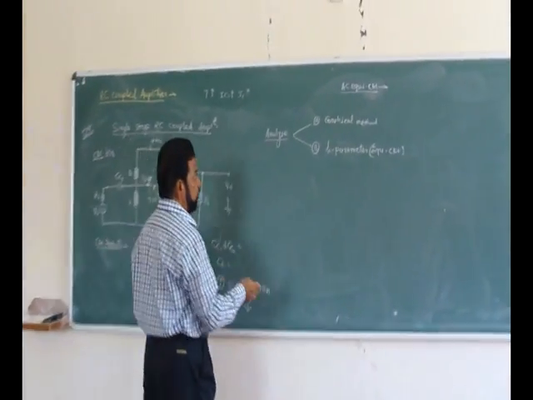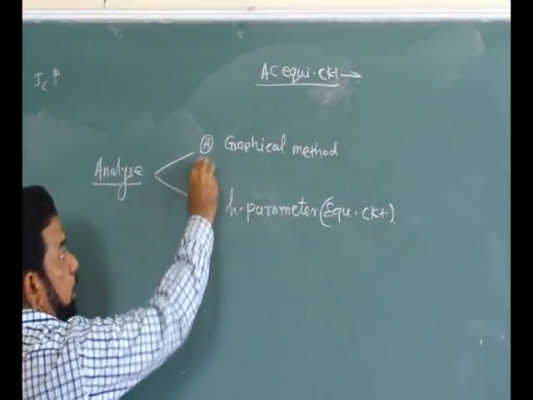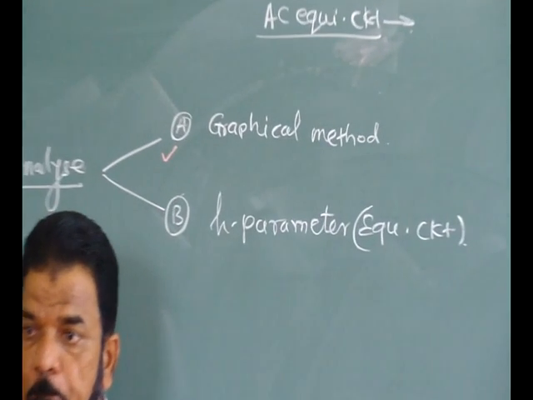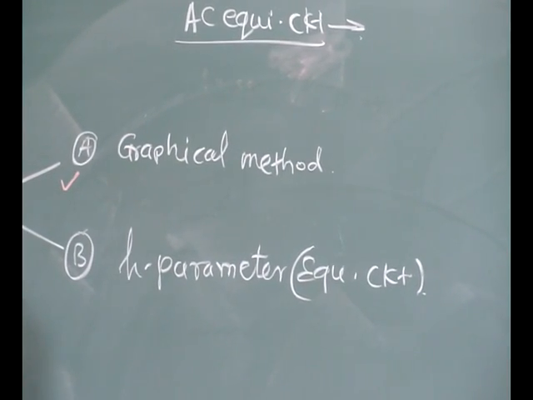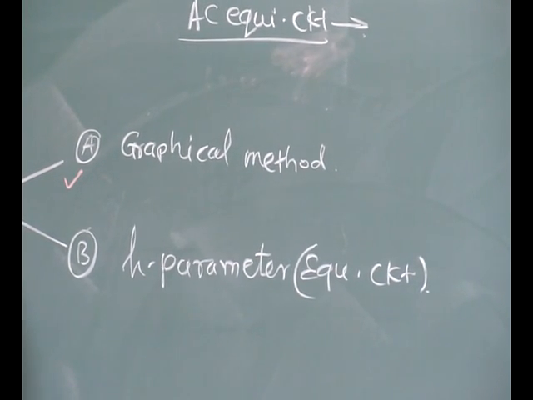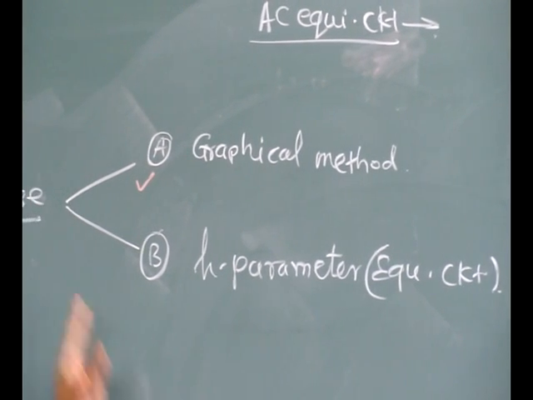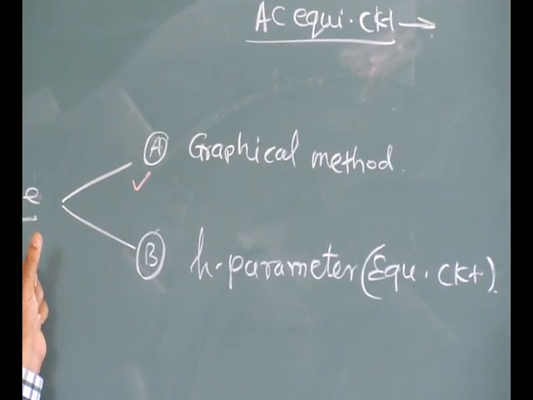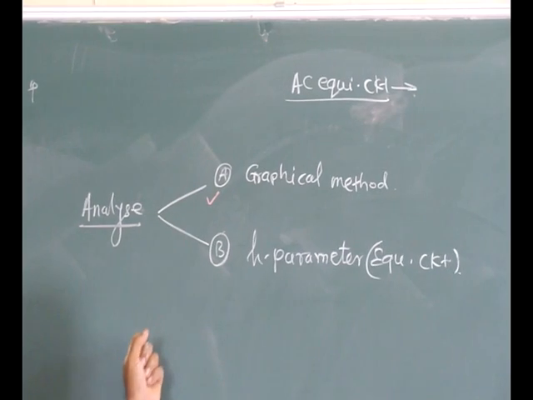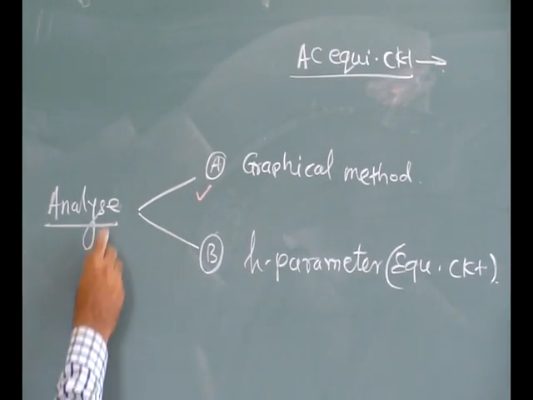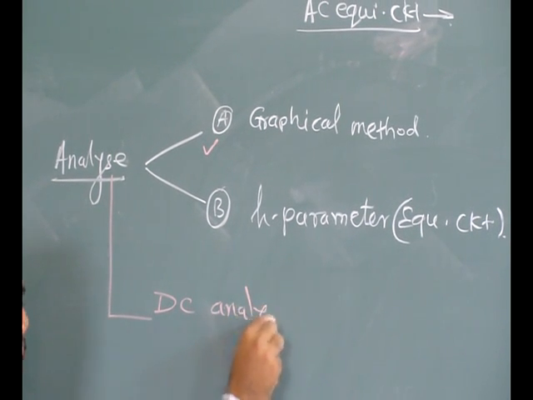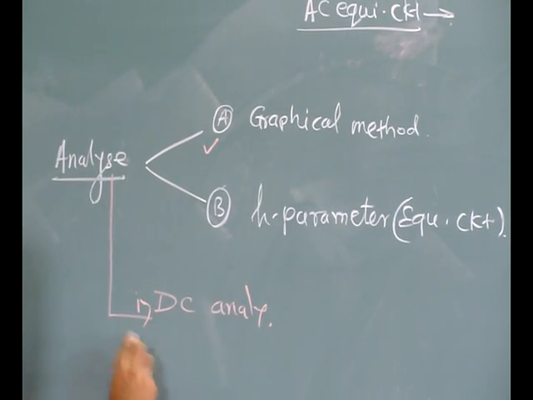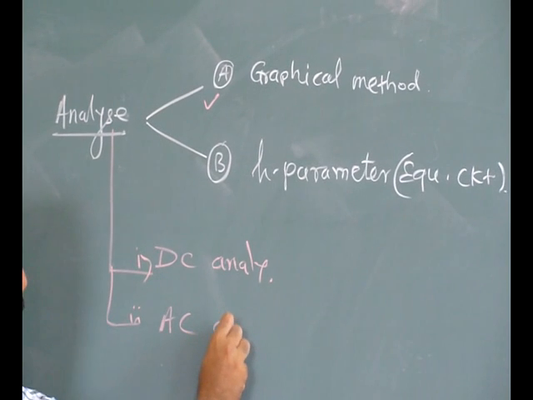Now for this graphical method, what we require is the graph, the output characteristic. What are the characteristics we have drawn? That characteristic is required. And the complete analysis is divided again in two parts. One is the DC analysis, next one is the AC analysis. First DC analysis, and secondly we will go for AC analysis.